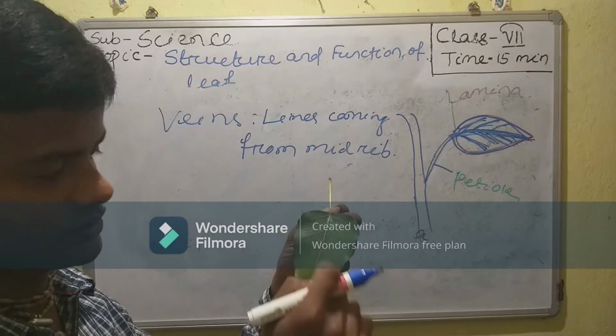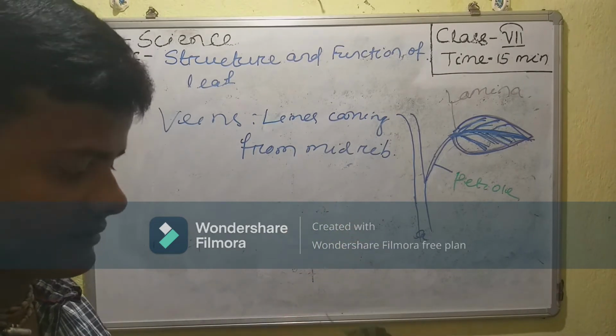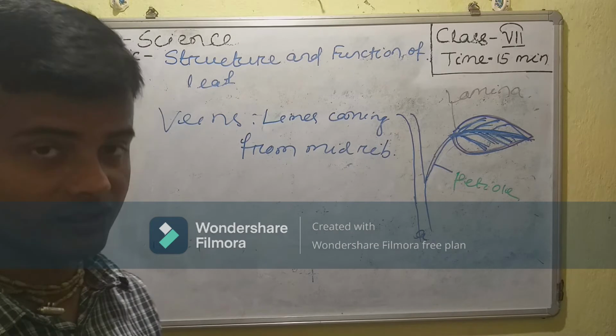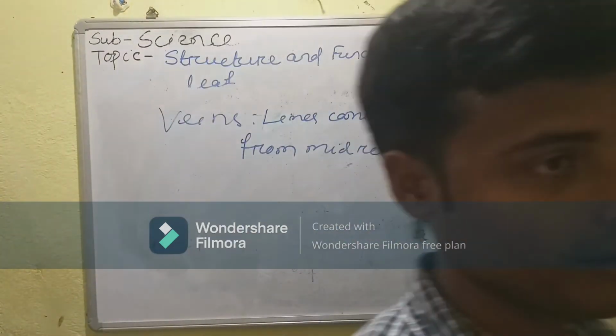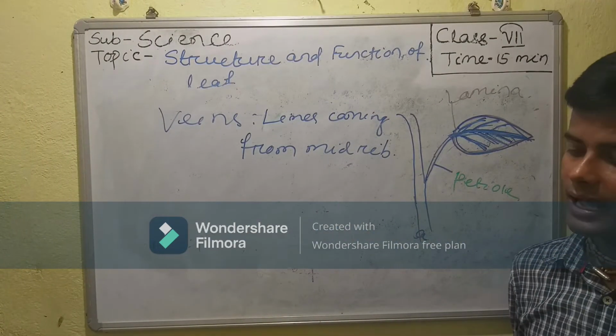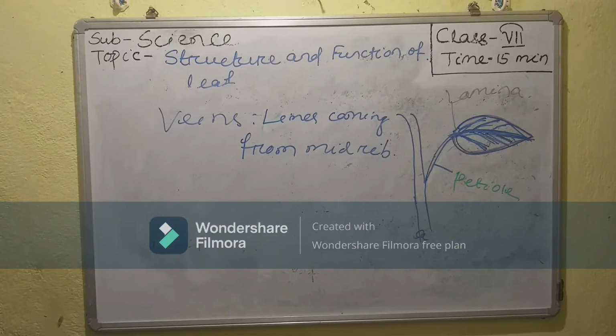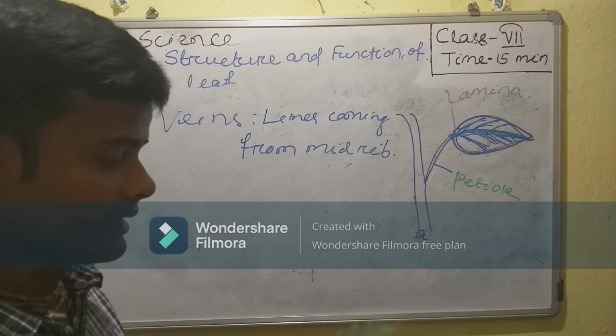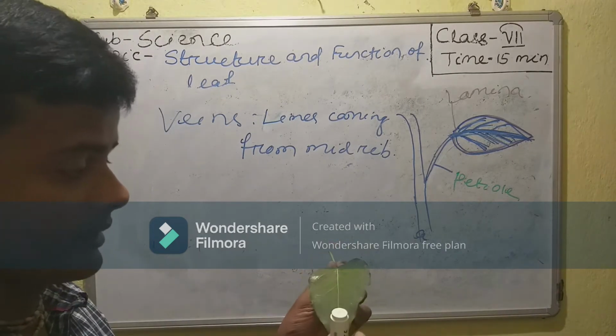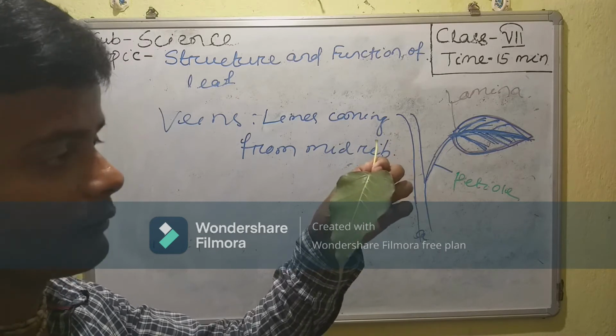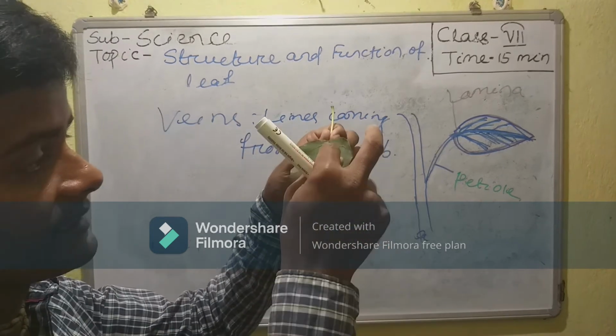These are the veins. Then there are two types of venation in a leaf. One is parallel venation, another one is reticulate venation. Let us see what is parallel venation and what is reticulate venation. If you take one leaf and see, there is a net-like structure.